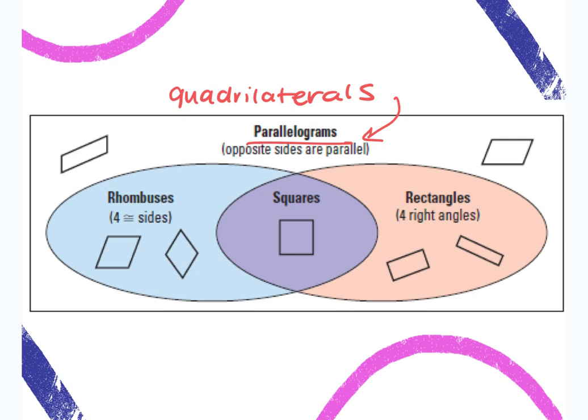Then within parallelograms, you've got rhombuses, which have all the same properties as the parallelogram, plus 4 congruent sides. You've got the rectangle, which has all the same properties as a parallelogram, plus 4 right angles. And then you've got your squares that have all the properties of the parallelograms, the rhombuses, and the rectangles.